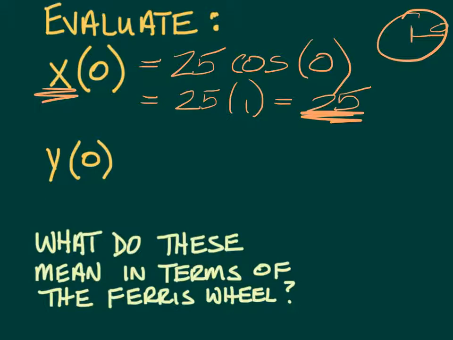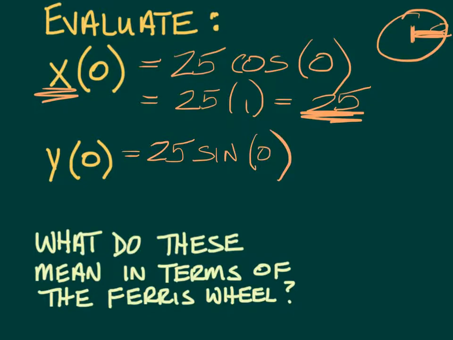And does that make sense? Here's the origin. And we come over here. I'm drawing in the upper left. I'll get my laser out. Here is the origin. Co-height is 25. Does that work out according to the graph that we've made so far? Yes. All right. So what if we put in a 0 here for the height function? 25 sine of 0.